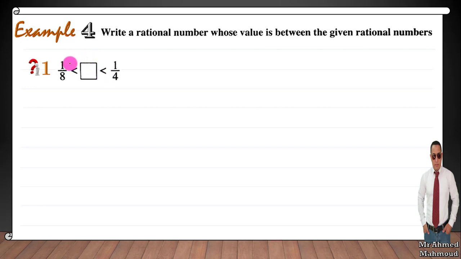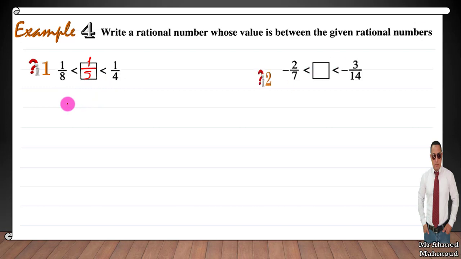It's very clear that the numerators are 1 and 1, so the numerator will be 1. Now I have 8 and 4. I need to find a number between 8 and 4. It's okay, we have 5, 6, 7. Use any number of them. I'm going to use 5. I have another way by making a common denominator, but this one is better.